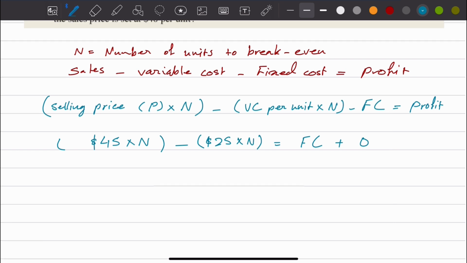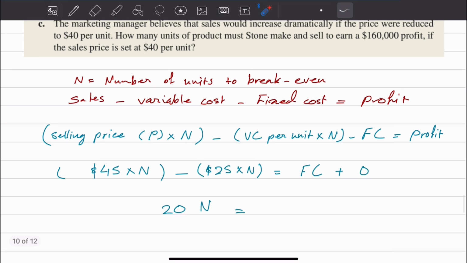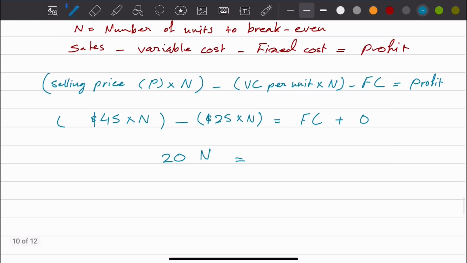So now we can simplify our formula. So 45n minus 25n, that's going to be 20n, and that should equal the fixed cost, which was given to us in the question, to be $800,000.